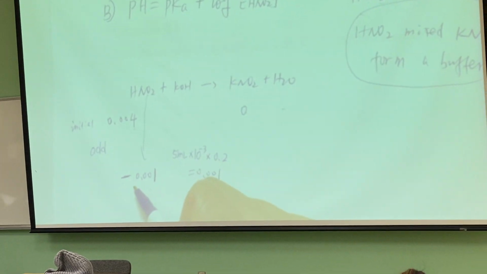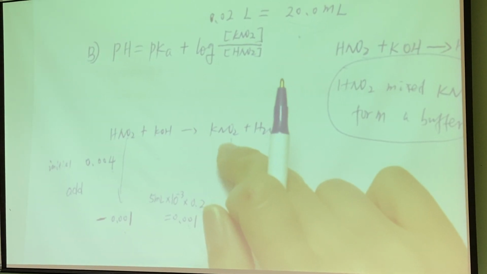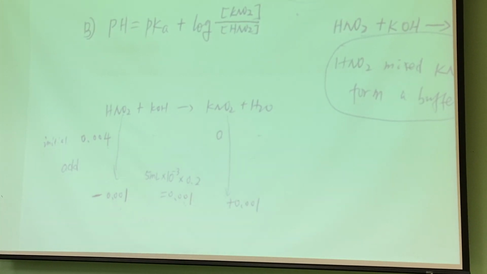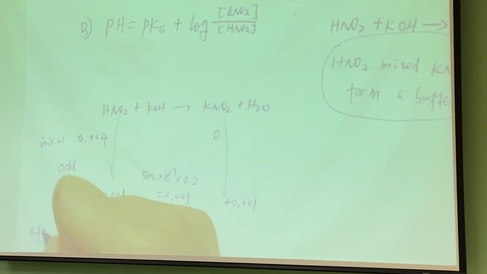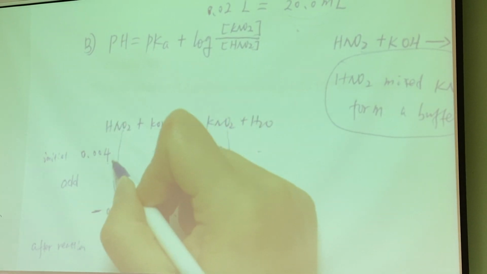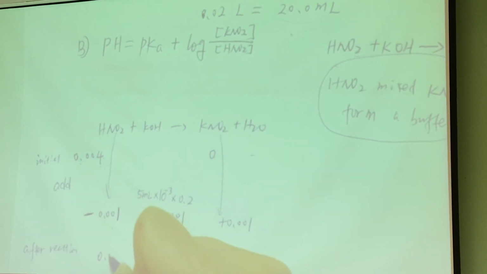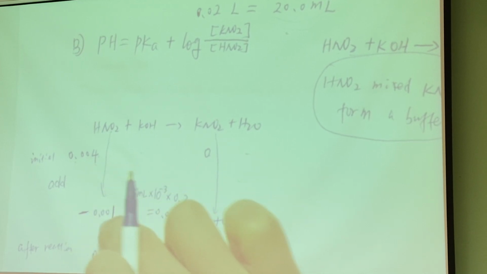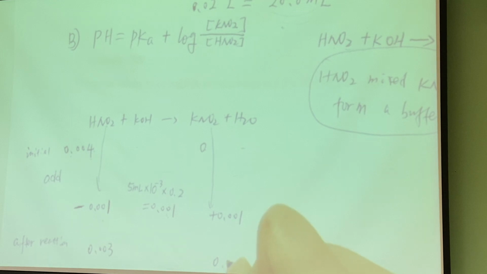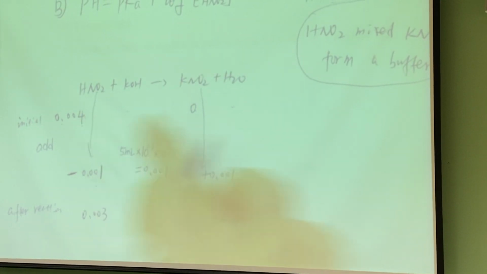And then when you have this reaction, the salt will be formed. After the reaction, this is not an ICE chart. Initially you get 0.004. So now you have 0.003 because you use the 0.001. And for the base, you get conjugate base, 0.001, which is produced through this reaction.